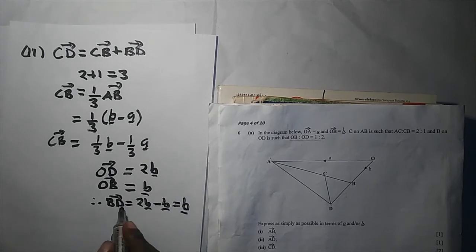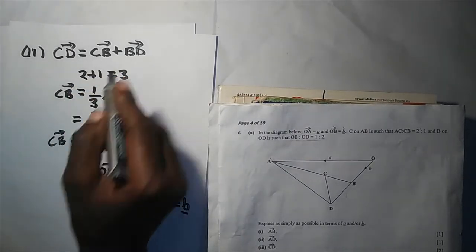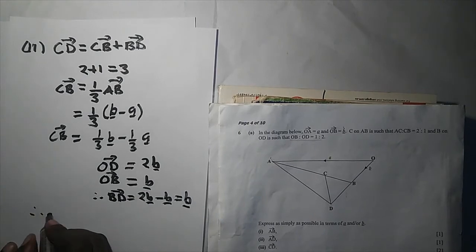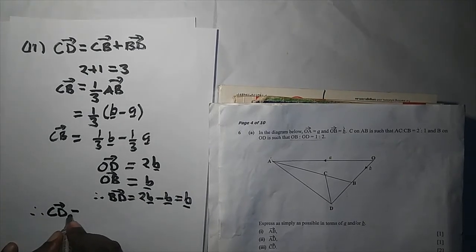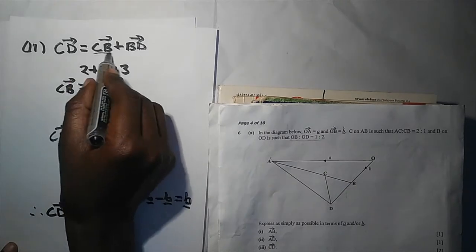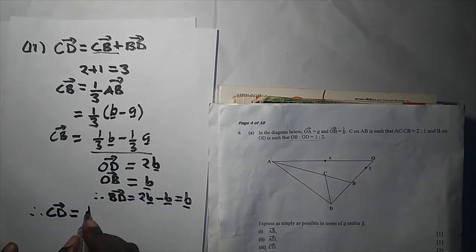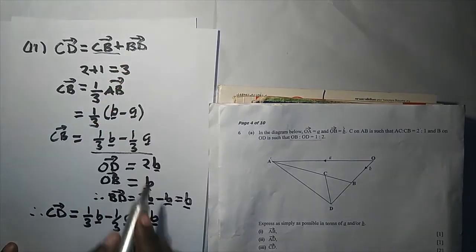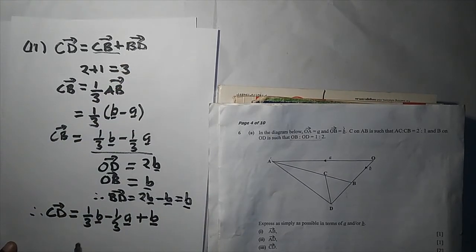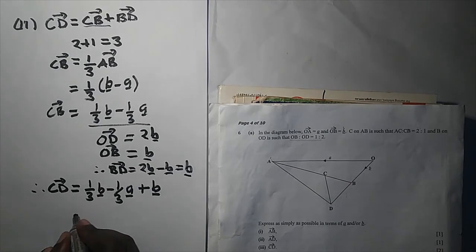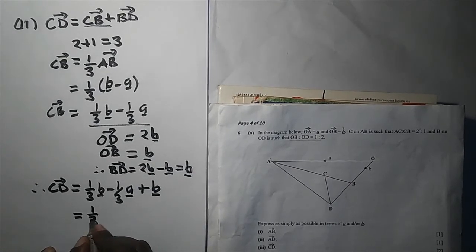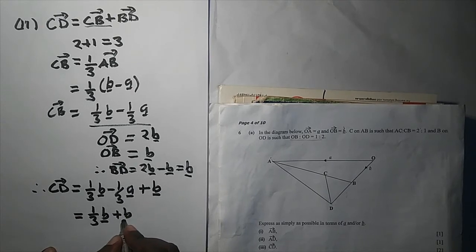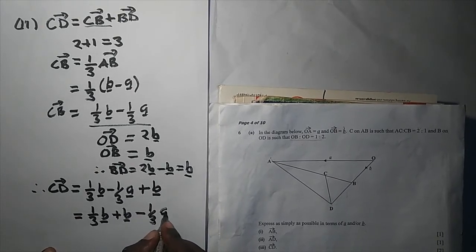So now that we have BD and we also have CB, we can substitute there. We are going to say, therefore, CD is equal to our CB here, which has been found, 1 over 3B minus 1 over 3A plus B, because BD is just B. And so here we can collect like terms. So our like terms here are going to be 1 over 3B plus B minus 1 over 3A.